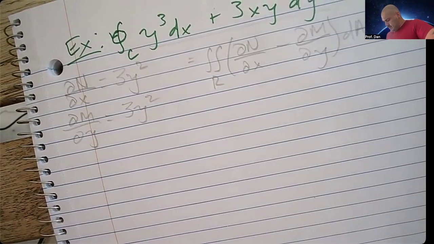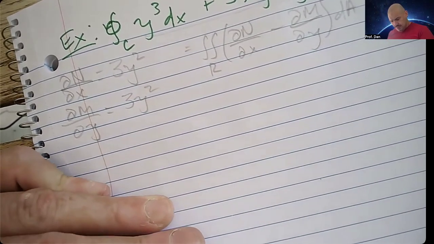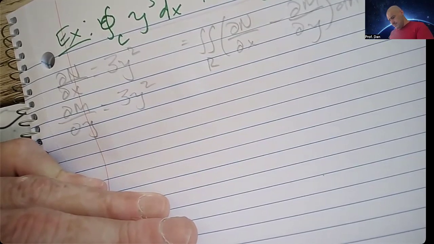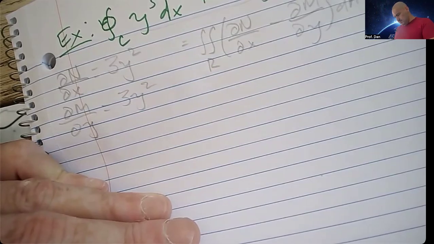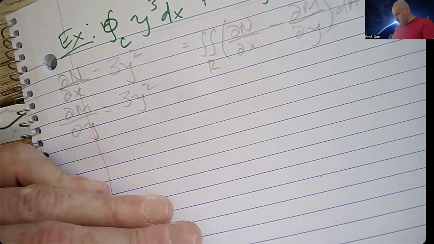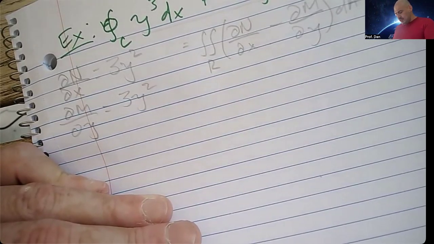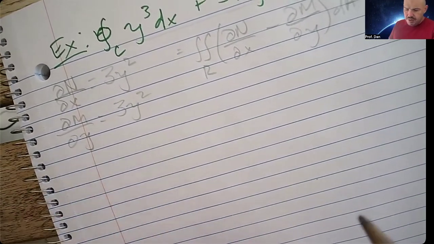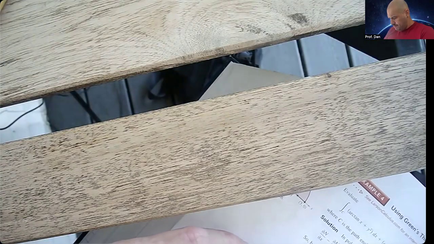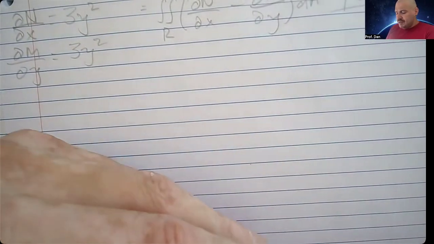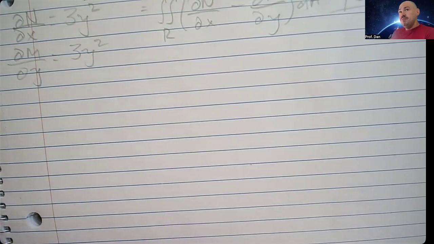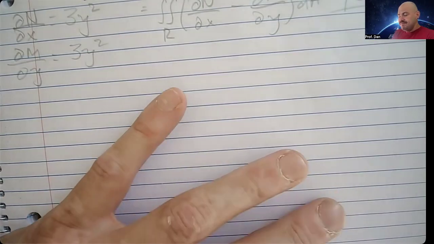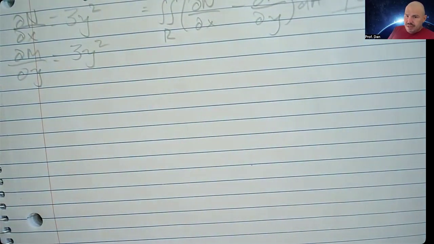Okay, so next, we can actually use Green's theorem to kind of do the opposite, where we start off with a double integral where our intent is to set up an integral that calculates area.